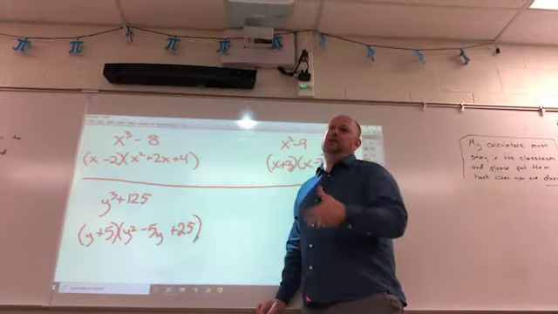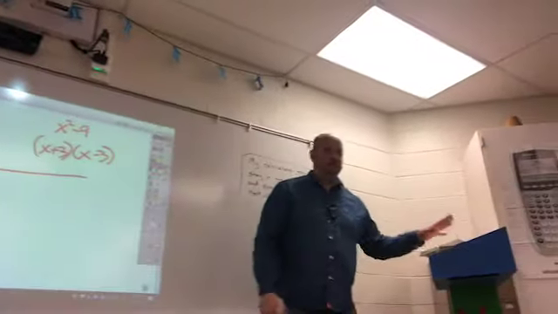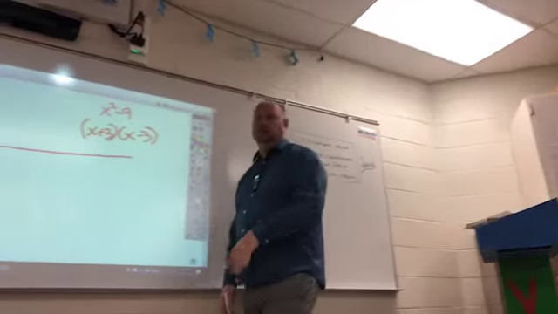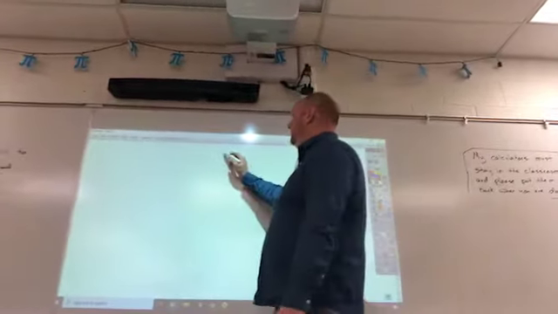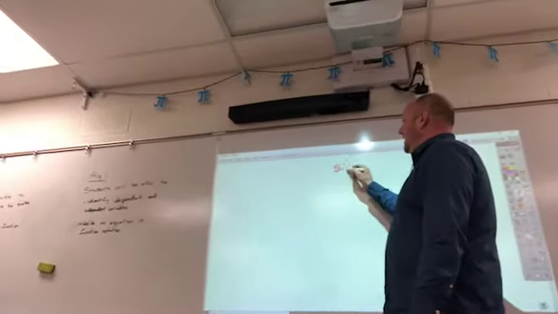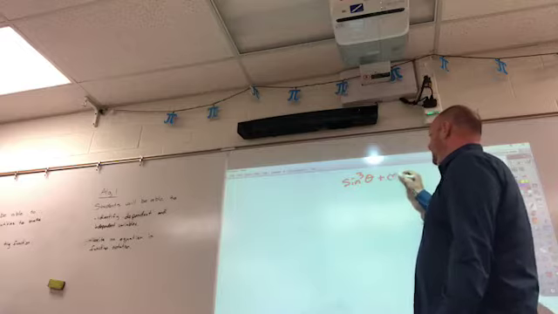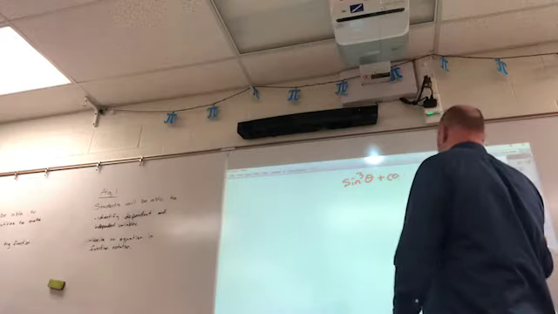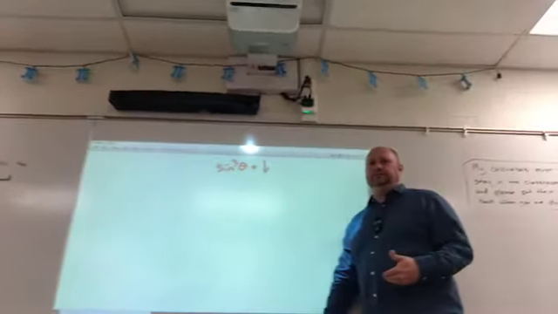Well, you can do this by the formulas. The formulas are actually on page 136. You can do this by the formula. But I always find it easier if I have to factor something like sine cubed plus, well, we'll just do 1. This is a sum of two cubes.